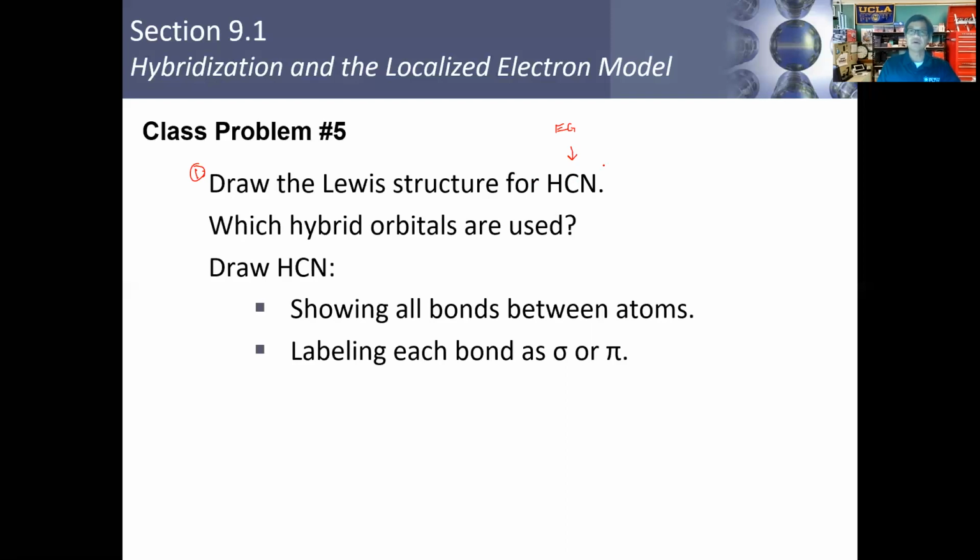I'll also ask you to find the hybridization of the nitrogen and the hydrogen. And from there we can draw the structure, and describe whether the bonding is going to be a sigma bonding or pi bonding interaction. Then we'll pick up with this in just a moment. So draw the structures, try your best with it, but only take a couple of minutes, and then we'll go over it. Let's get started.